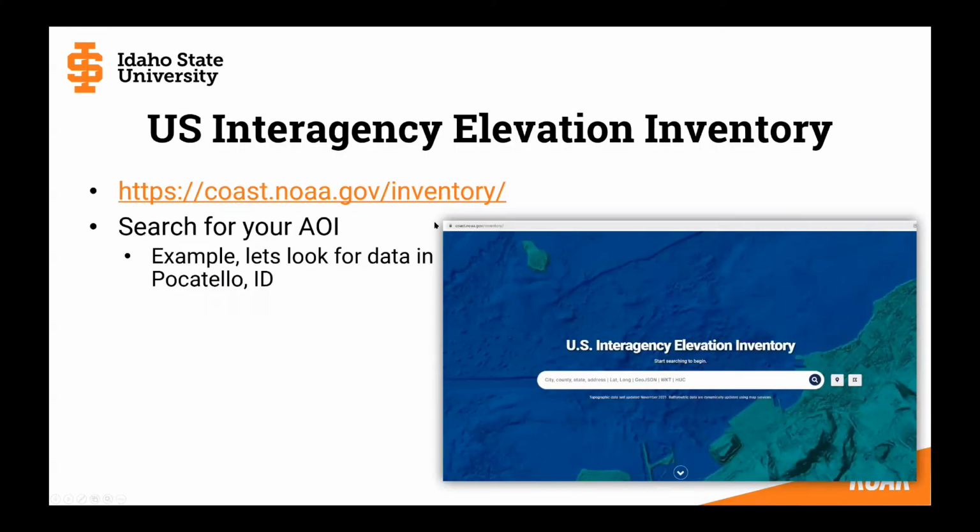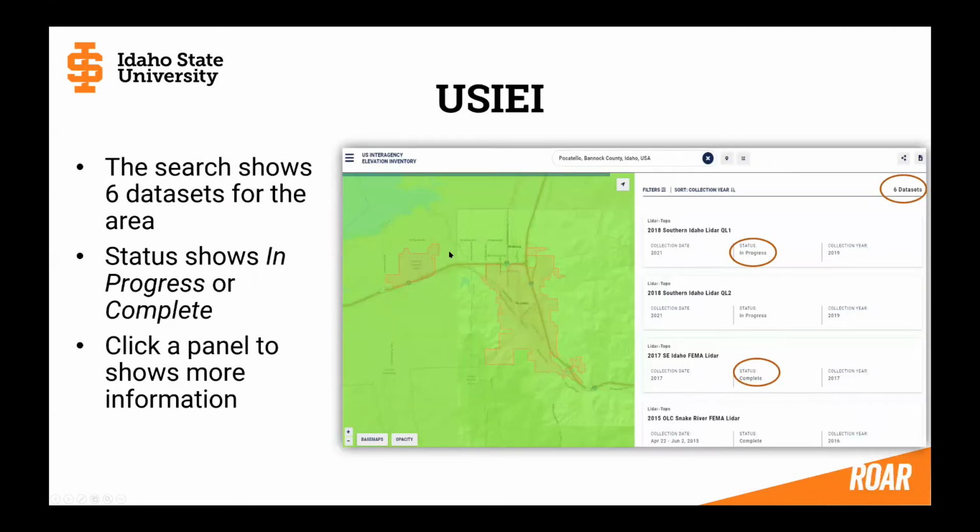Here's a screenshot of that second site to check, the US Interagency Elevation Inventory. Once again, there's that same link. Let's just say that your AOI is the Pocatello, Idaho area. You could simply type that in, Pocatello, Idaho, right here. What do you find? It comes back with 6 different data sets for the Pocatello area.